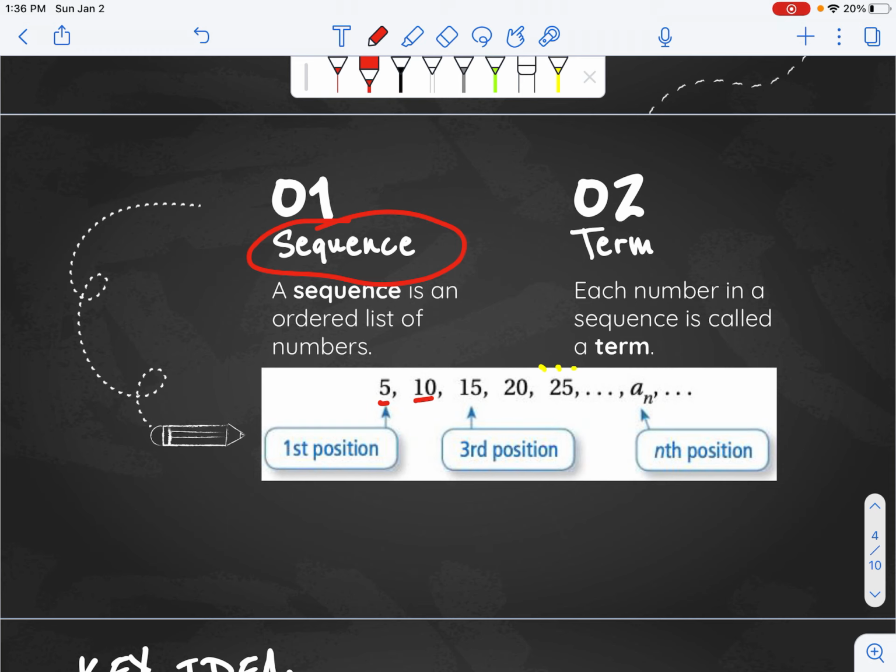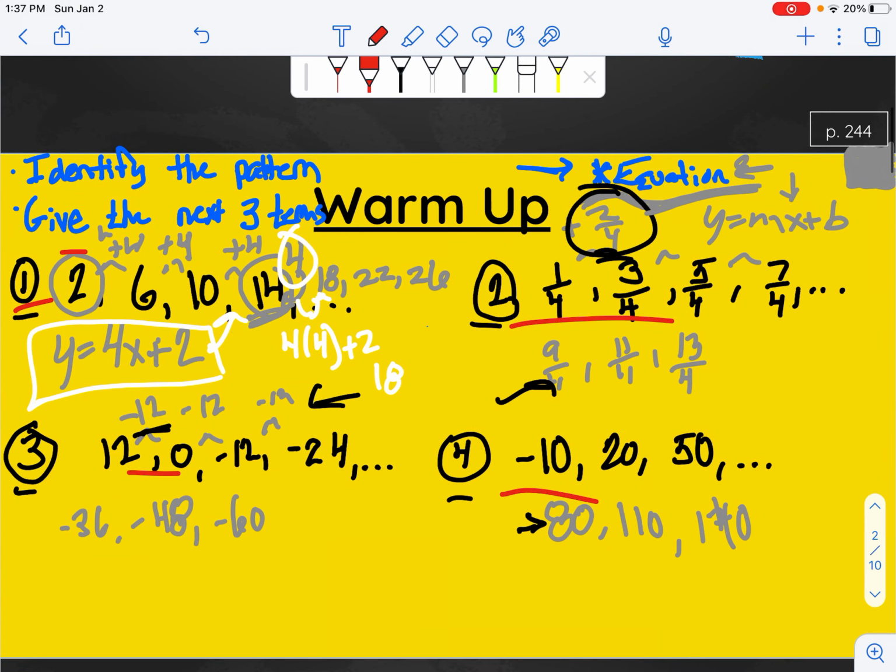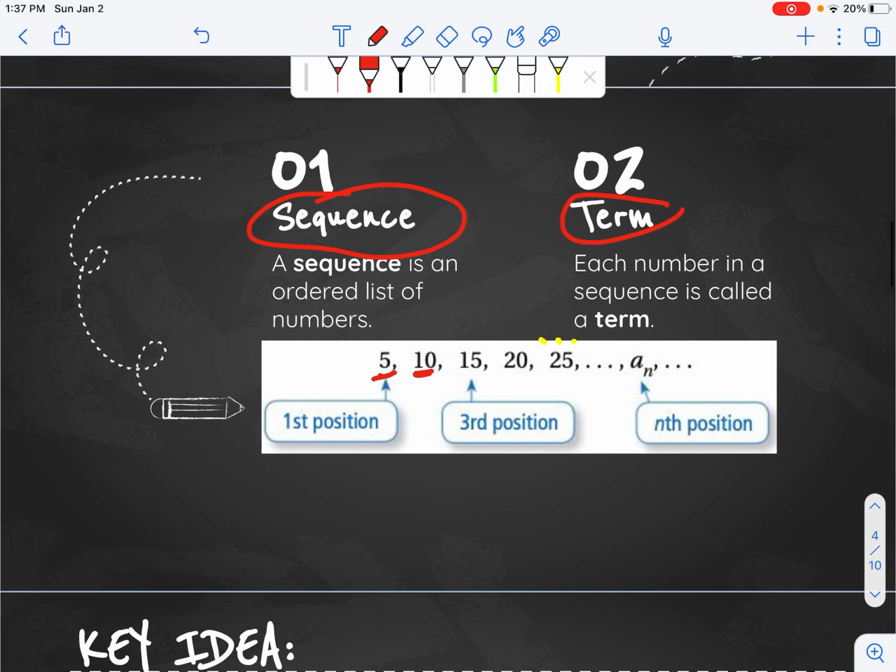Now we have terms, and we would say that a term is each number in the sequence. So this is the first term, second term, and so on. Up here, if we just took 2, 6, 10, 14, we would say that is a 4-term sequence.